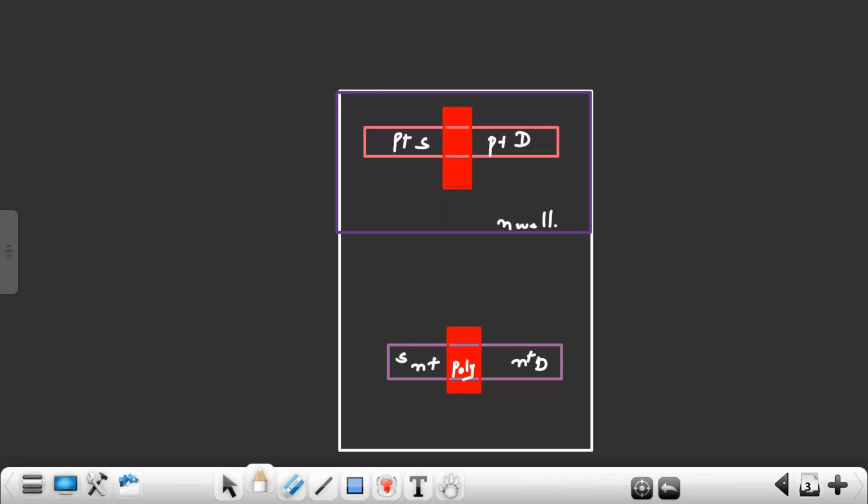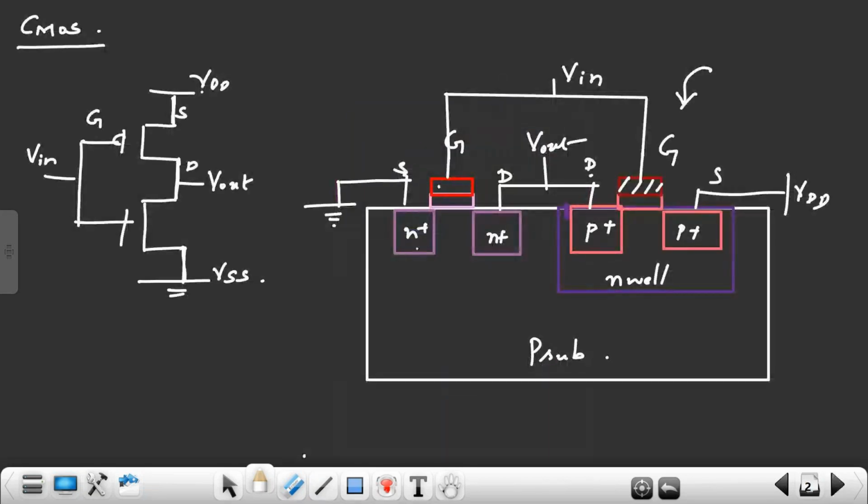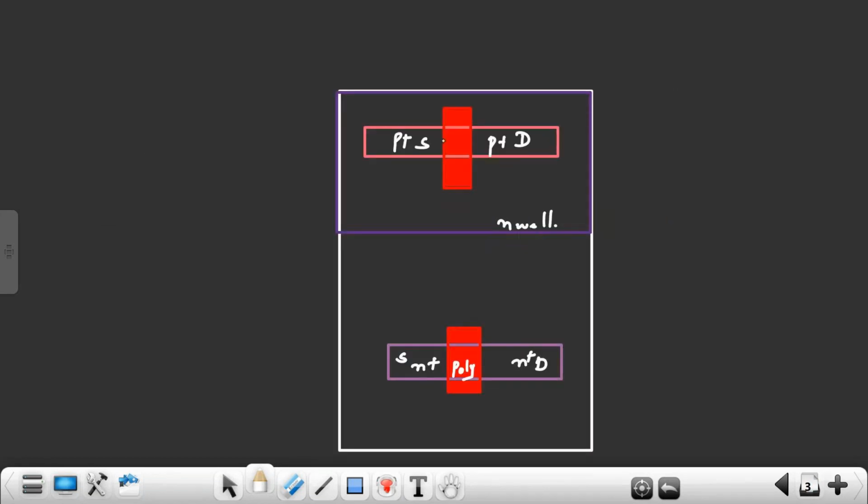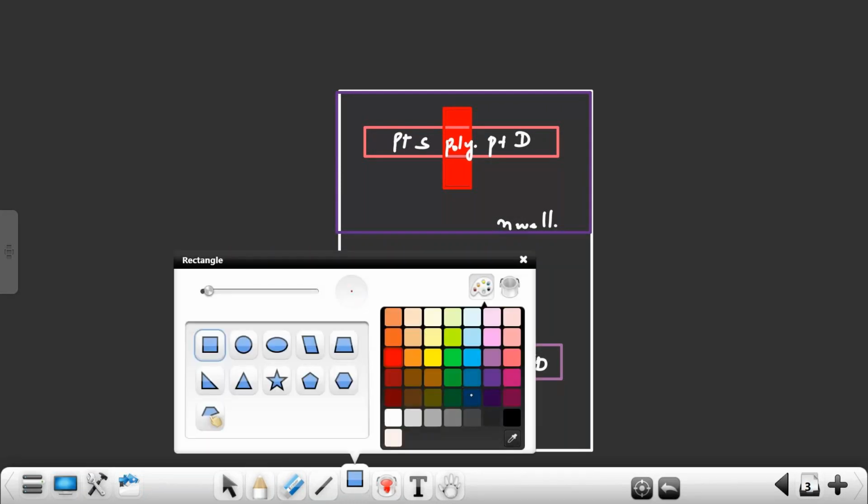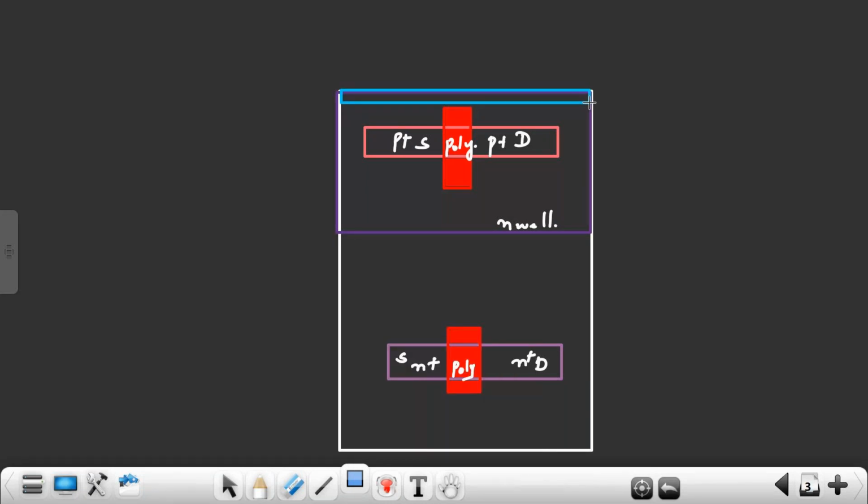When you see from the top, only the poly, source, and drain are visible. Similarly for PMOS, from the top only the drain, source, and gate are visible. This is also poly. Here I have the VDD rail, and here we have the VSS rail.